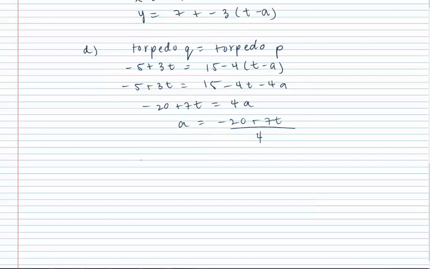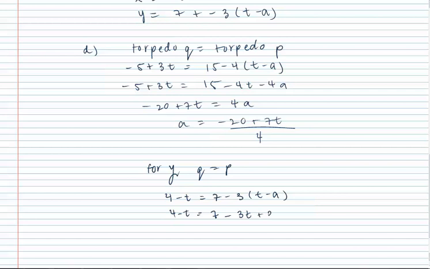Now we do the second part. You take the equation of torpedo P for y and torpedo Q for y. Then you get 4 minus t is equal to 7 minus 3 times (t - a). Then you expand and get -3 plus 2t is equal to 3a.